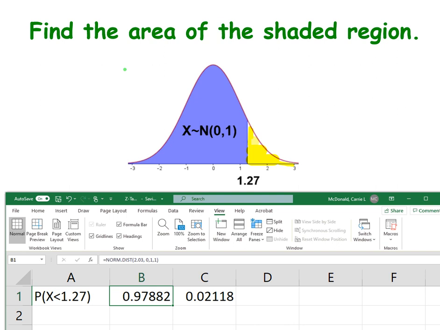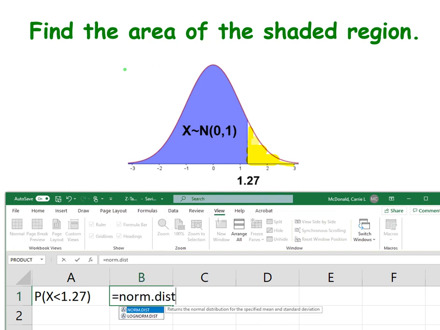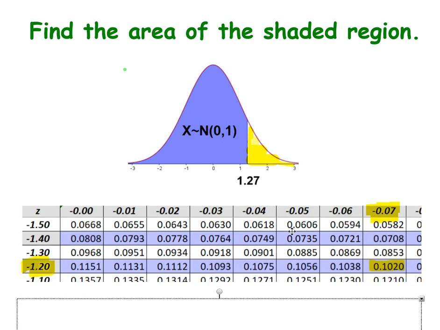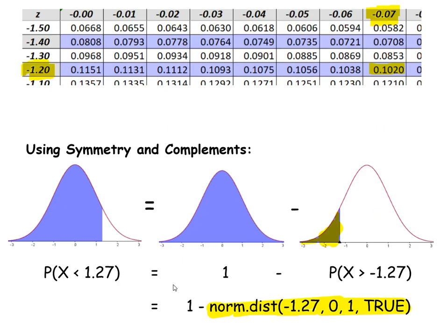I can use my norm.dist with the regular 1.27, the mean of 0, the standard deviation of 1, and 1 for cumulative. And so there it'll automatically give me the larger region, 0.8980 is what that will round to, to match up with the answer you would get from the table.